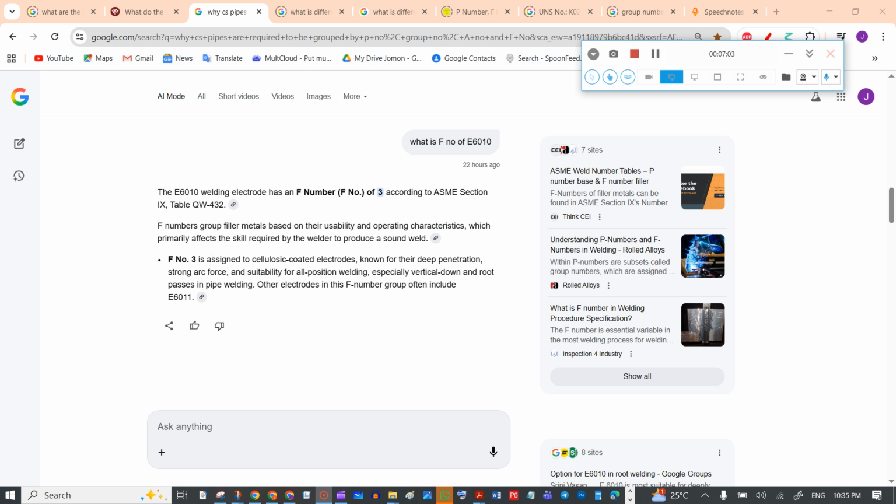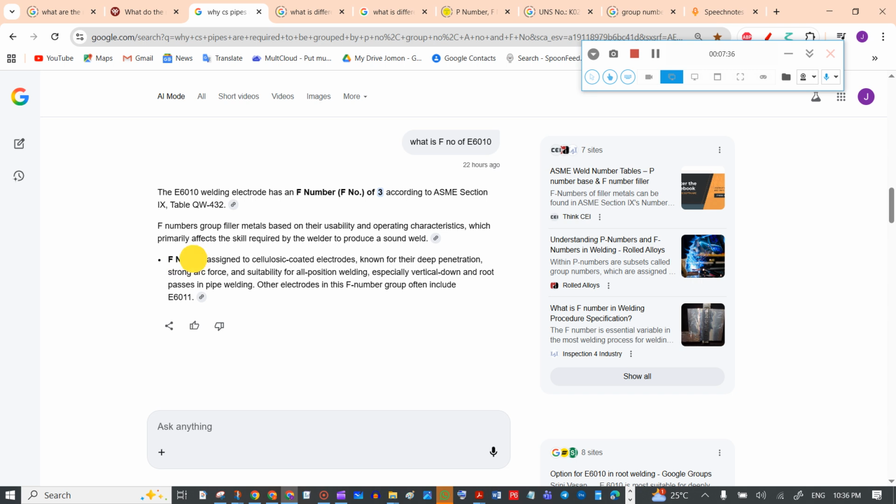F numbers, like we said before, are provided based on the usability and operating characteristics. It can affect the skill required by the welder to produce a sound weld. Usability and operating characteristics are the keywords, and F numbers are based on them.